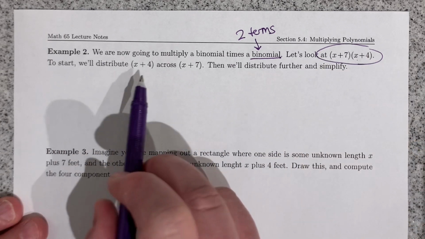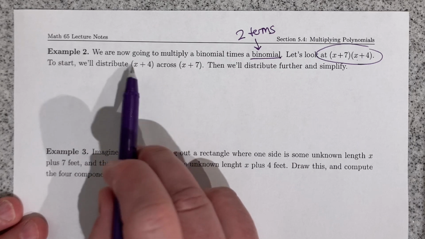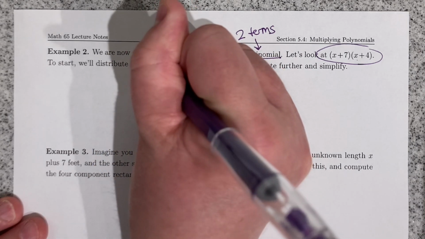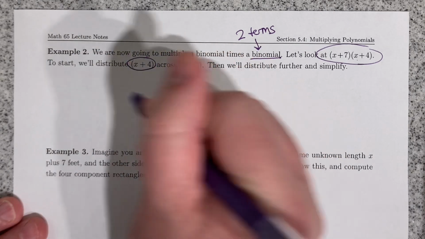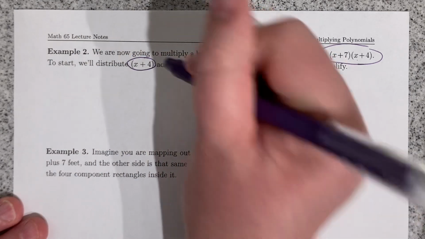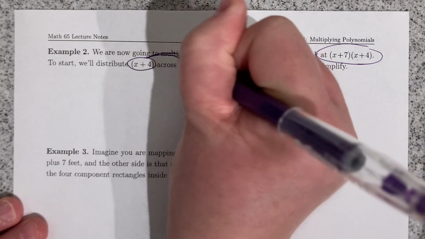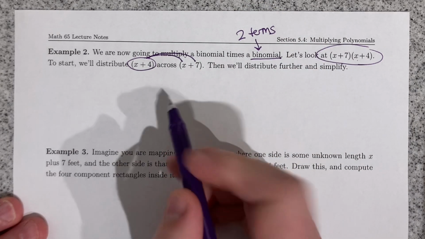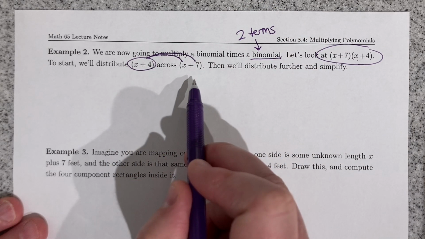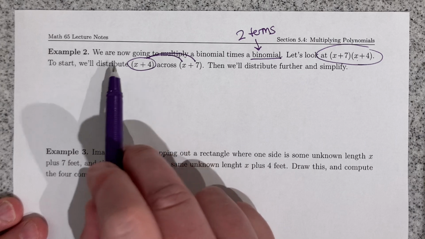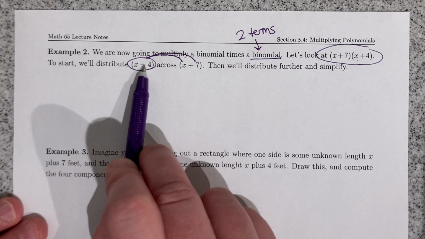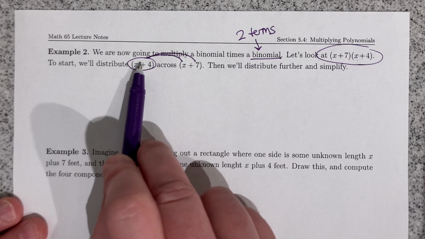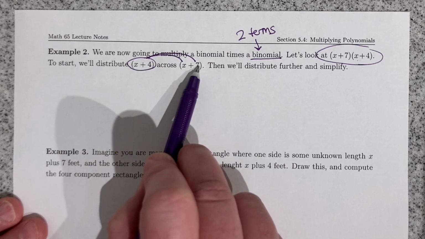But we're going to start by actually thinking of x plus 4 as one unit, and then distributing it across x plus 7. I'm drawing the lines here because that's where it's being described. So we're going to think of x plus 4 as like it's a monomial, like the last video, and we're going to distribute it across x plus 7.